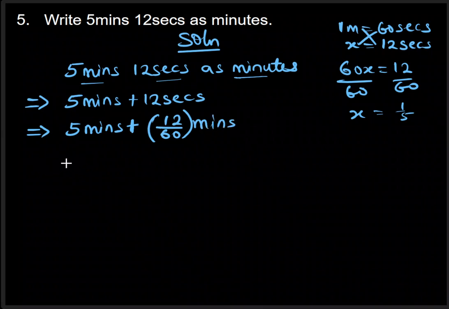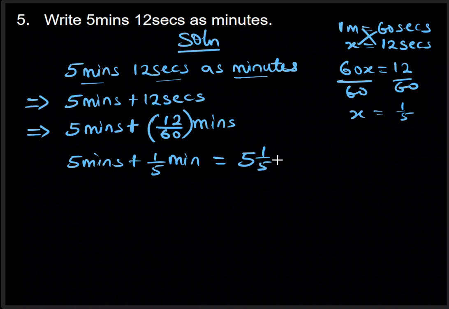All right, so that will give us 5 minutes plus 1 over 5 minutes, and that will give us 5 whole number 1 over 5 minutes. So that's what we do in conversion of time.